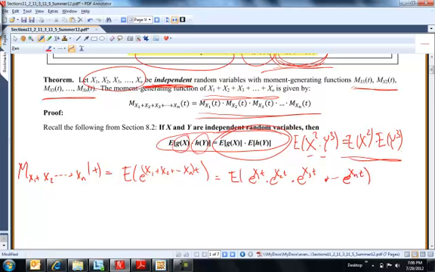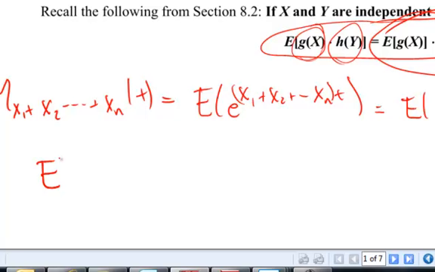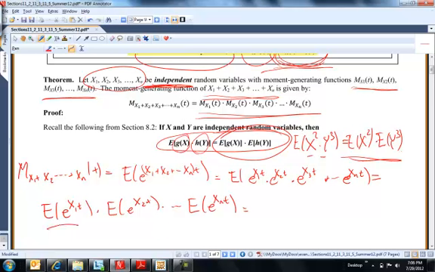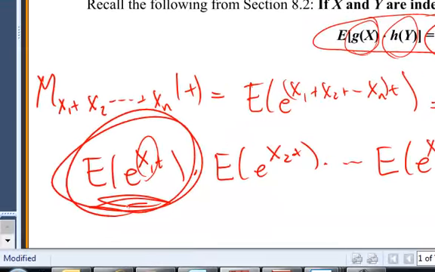Now I'm going to use that property. Since x1, x2, x3 up to xn are independent, I can rewrite this as a product of the expected value of e to the x1t times the expected value of e to the x2t, and so on, times the expected value of e to the xnt. But this is just the definition of the moment generating function of x1.